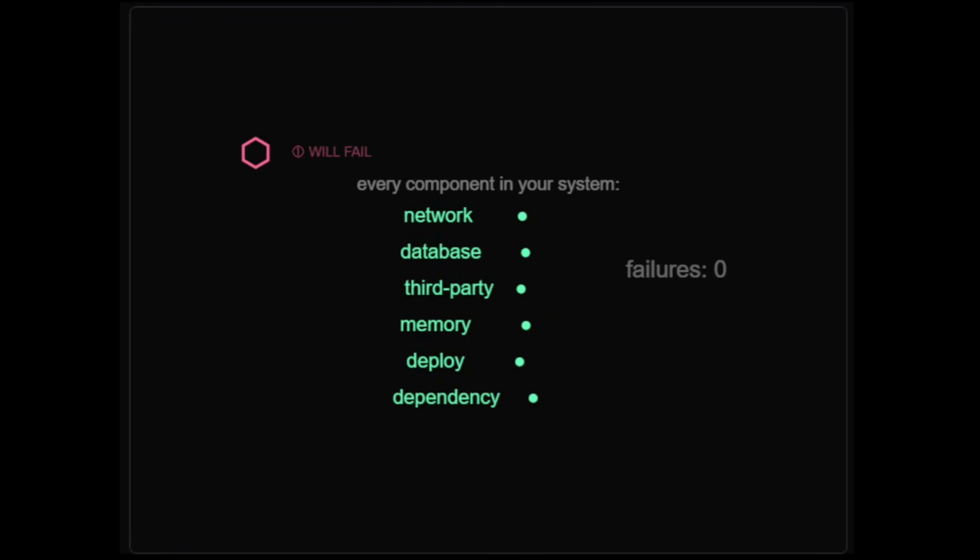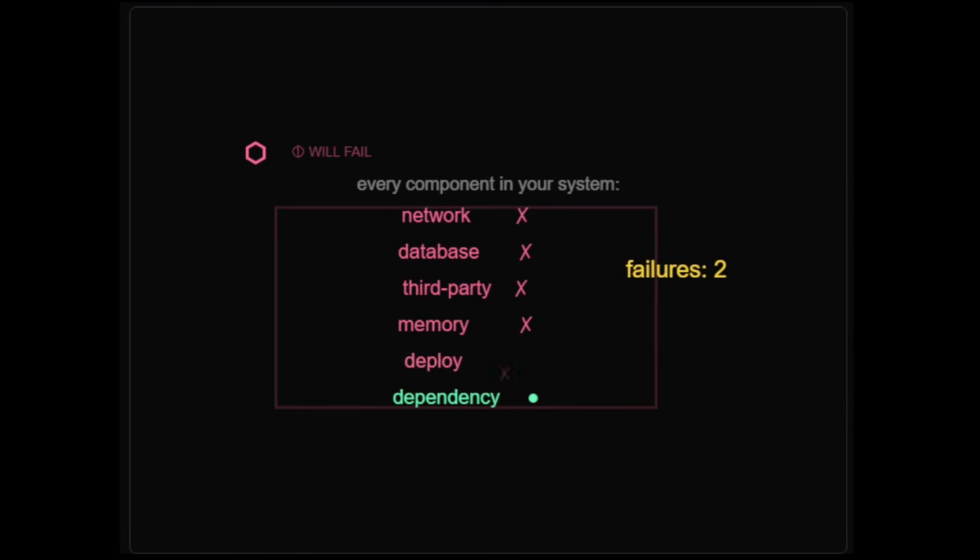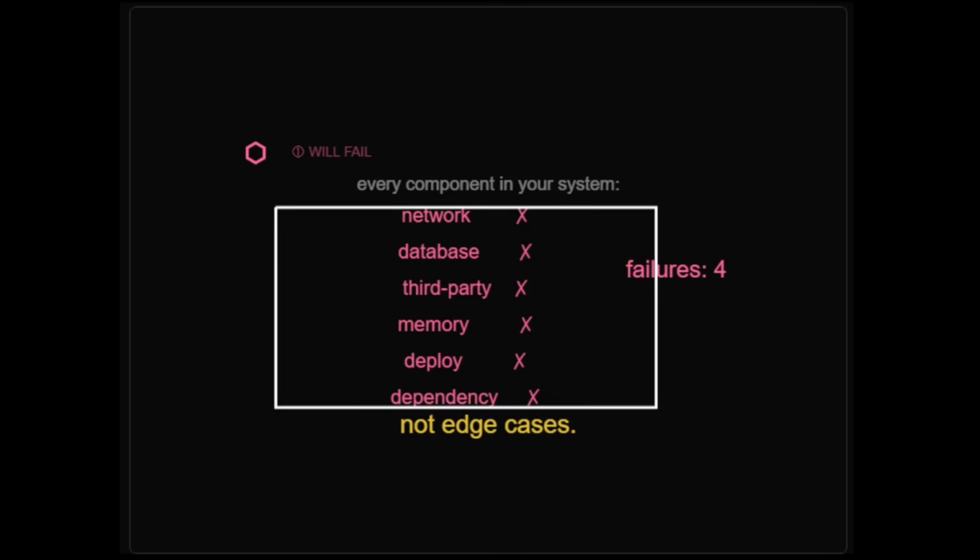The fifth force is failure. Every component in your system will fail, not might, will. The network will drop, the database will time out, a third-party API will return a 500, memory will run out, a deploy will introduce a bug, a dependency will change without warning.